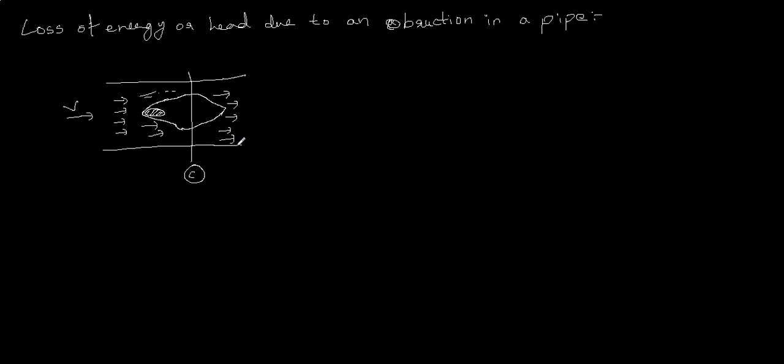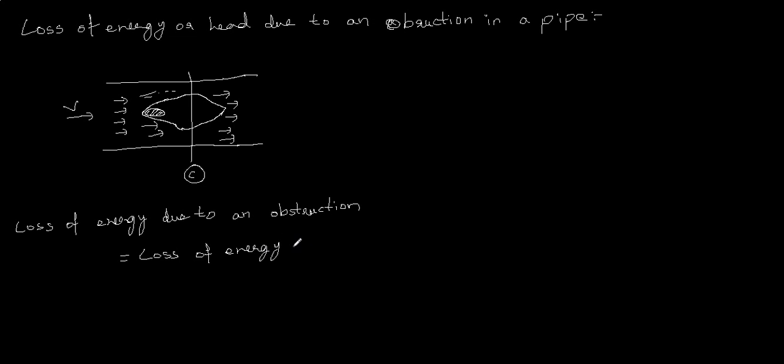So by this analysis we can say that the loss of energy due to an obstruction can be equal to the loss of energy due to enlargement from the vena contracta to section 2.